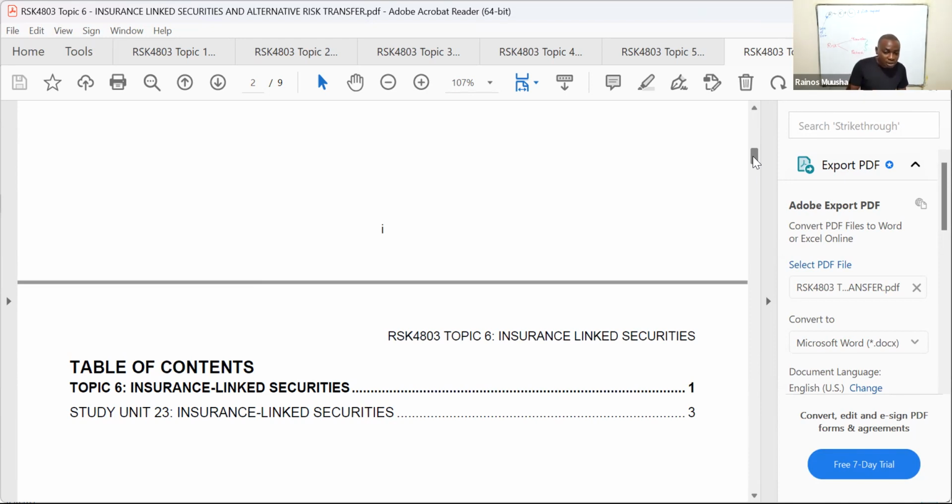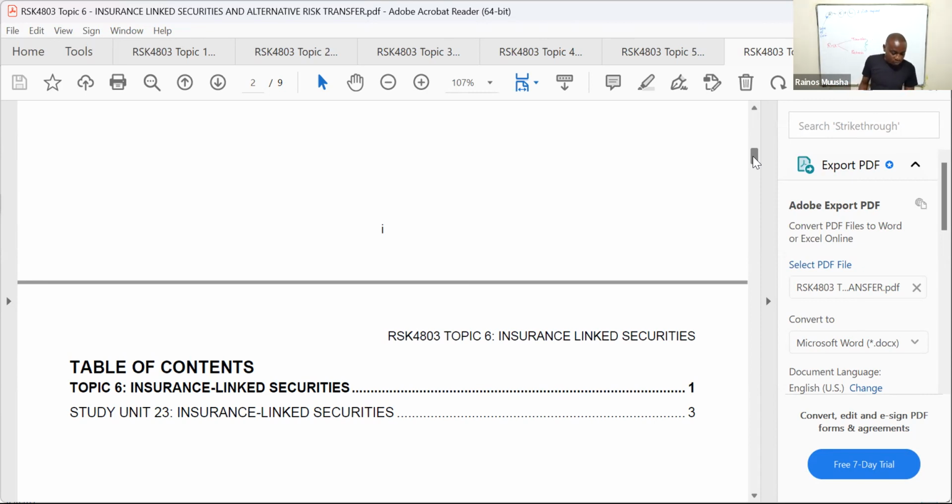They would ensure that they have enough money available internally, or they go the reinsurance route, where they can go into an arrangement with another insurance company to say, are you able to help us cover this particular client? Then we can go into an arrangement where we pay you a premium, and in exchange you cover a certain portion or a certain percentage of the claim in case of what? Loss event as well.